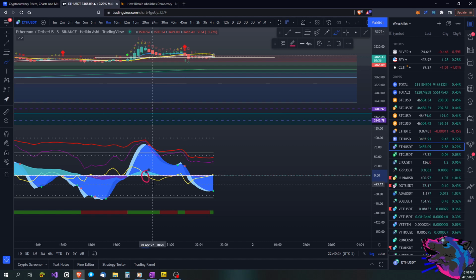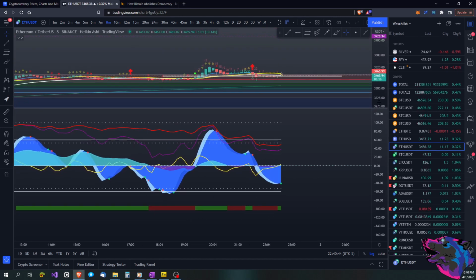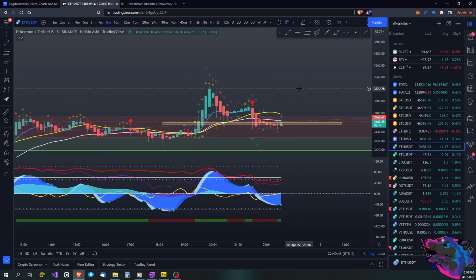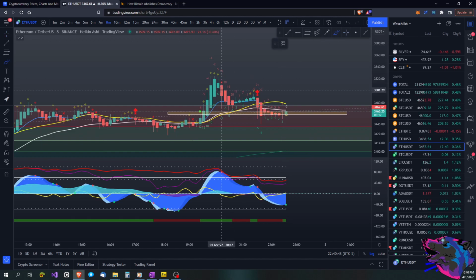Part of that is because I have it on Heikin-Ashi candles, so there's a little bit of a delay as you're looking at these. But the more you use Heikin-Ashi candles, you get used to what that means. So the tops of these wicks are actually trending down already, despite the fact that it looks like things are still going up.